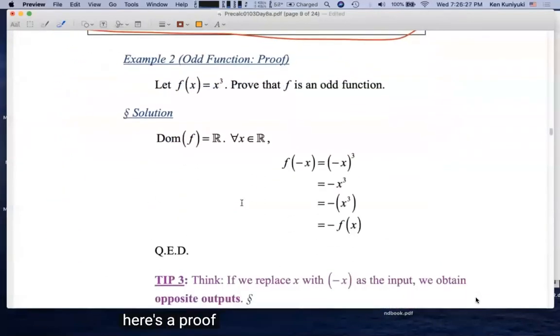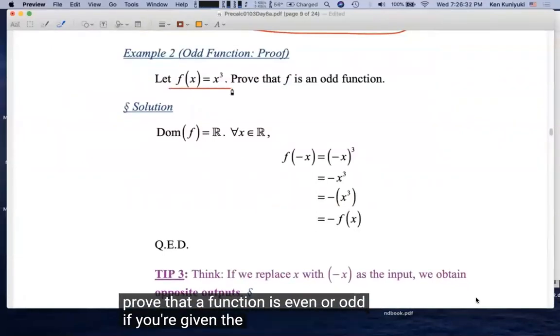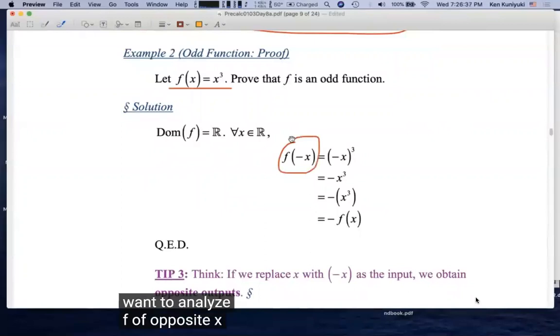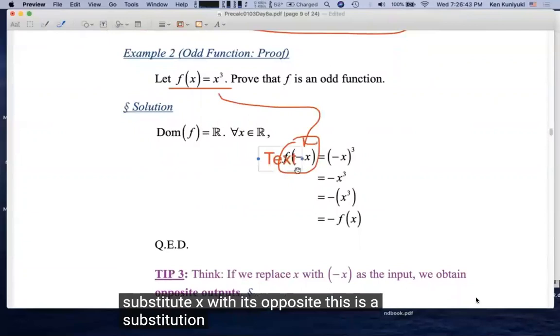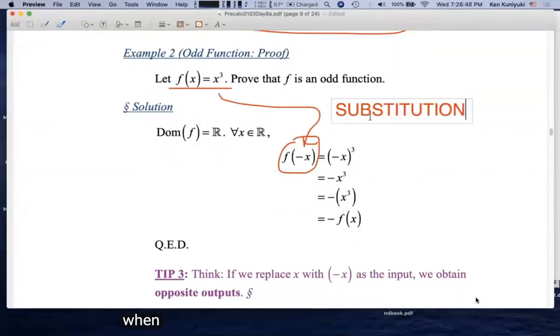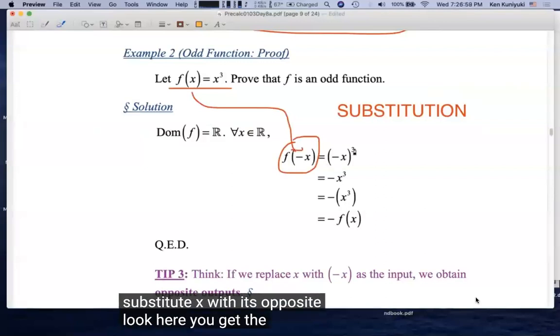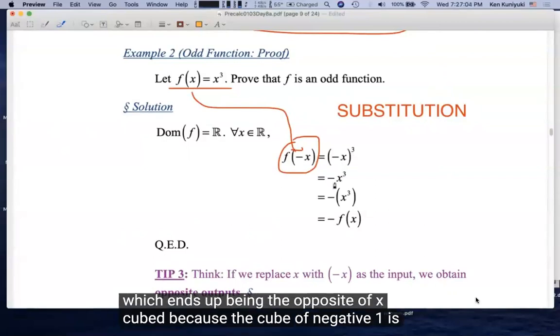Here's a proof. Again, if you want to prove that a function is even or odd, if you're given the rule for f of x, you want to analyze f of opposite x. When you substitute x with its opposite, look here, you get the cube of opposite x, which ends up being the opposite of x cubed, because the cube of -1 is -1.